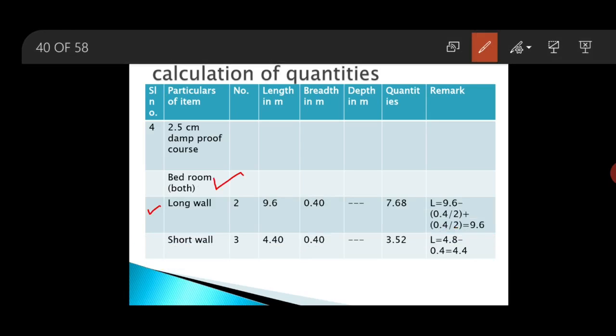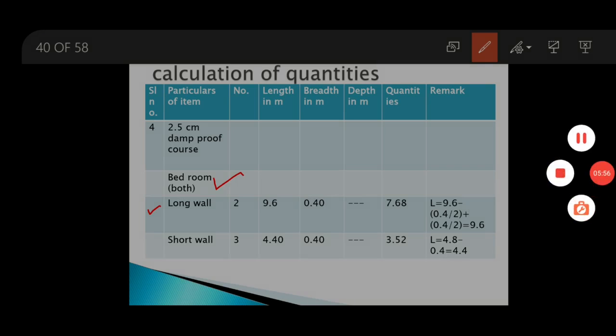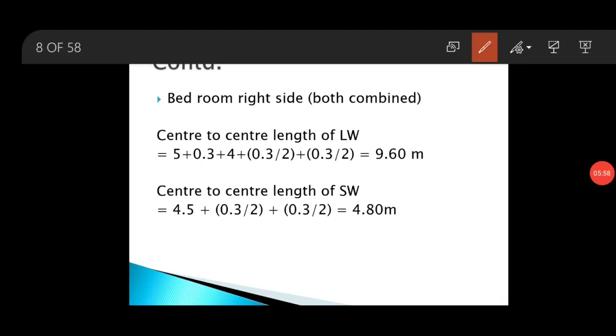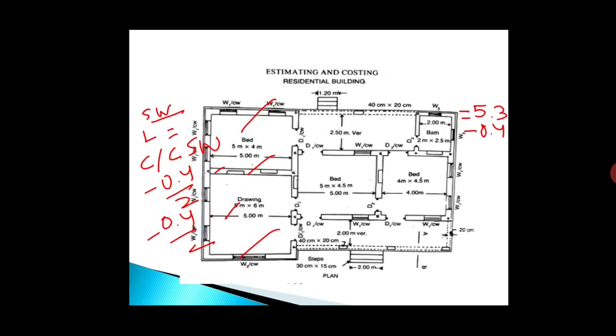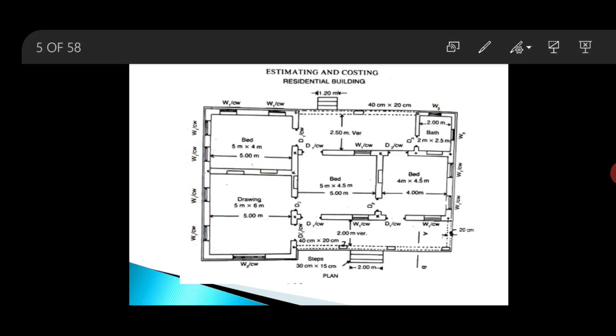So first we will go for the long wall of the second part. So for the second part, that is bedroom, combined, the center to center length of long wall is 9.6. Okay. 9.6. So this is the second part.